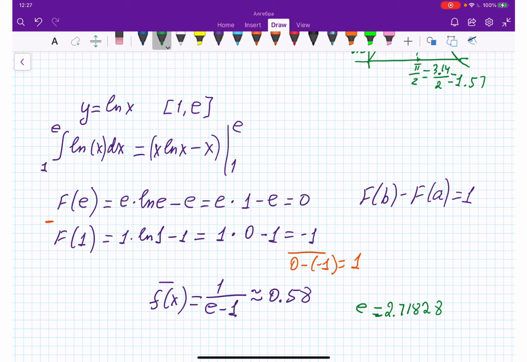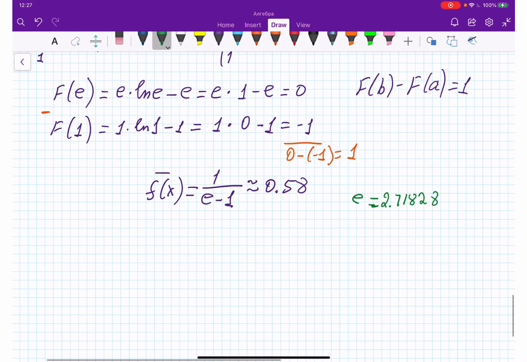Okay, so what are we going to do next? 0.58. Let me show you on the graph. This is going to be 1, where it's crossing when x is 0.